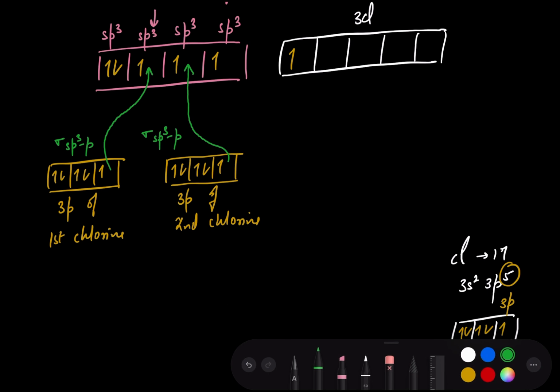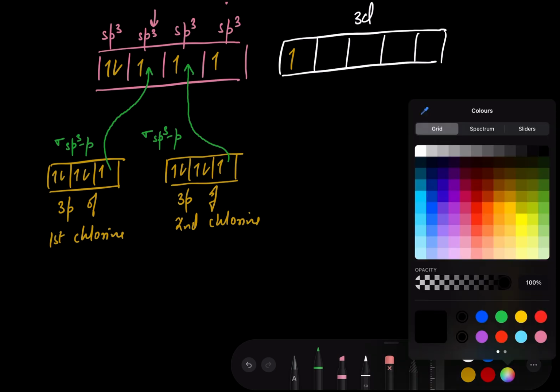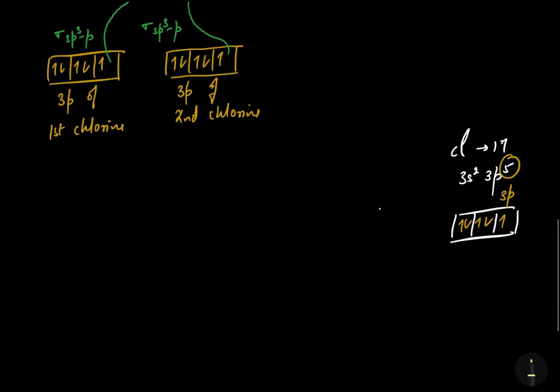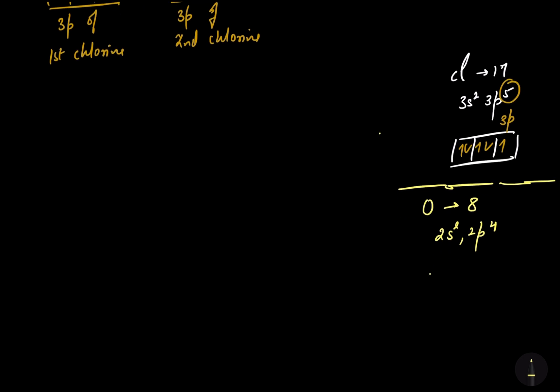Now after that, let's talk about oxygen. What's the atomic number of oxygen? It's 8. So its valence electronic configuration in terms of orbitals will be 2s2 2p4. So let's make the 2p subshell of oxygen.